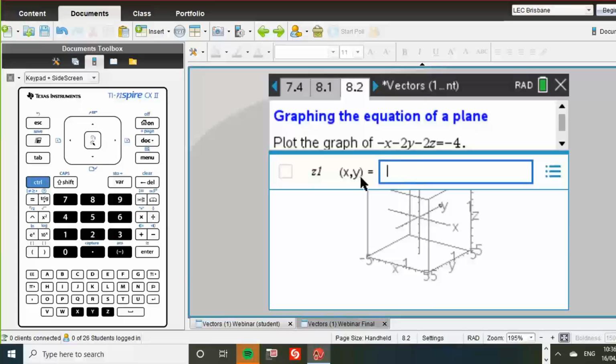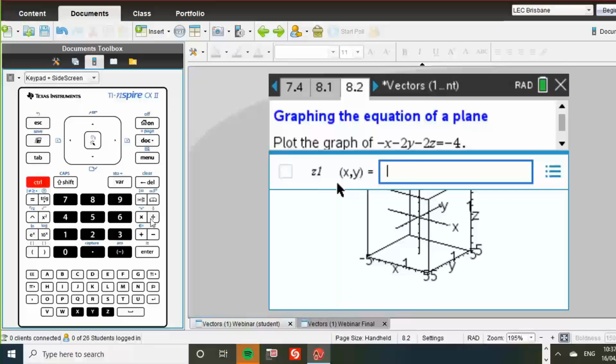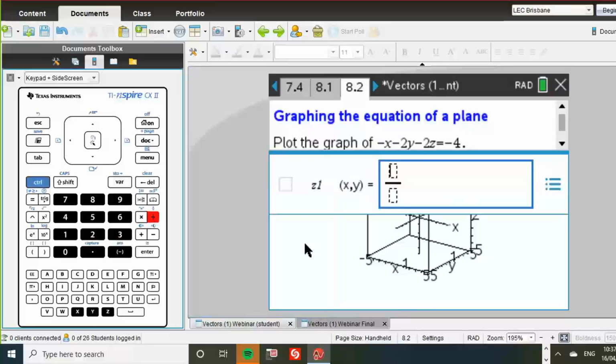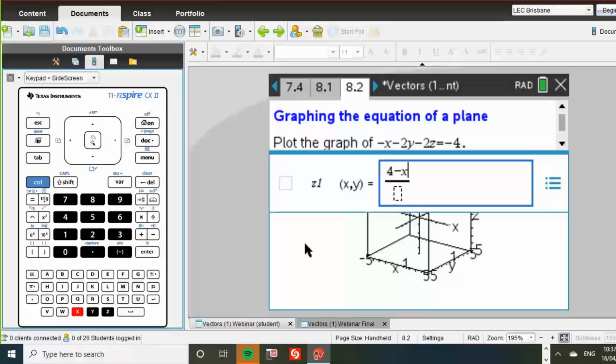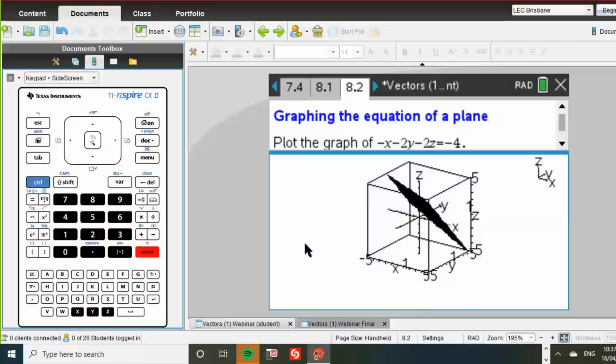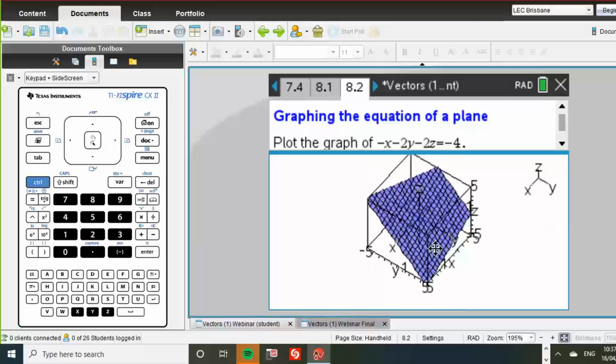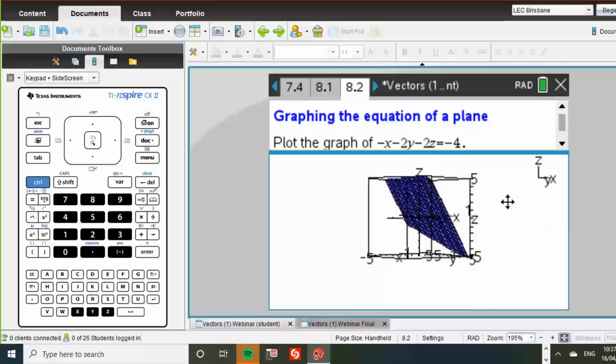By setting up a fraction, Control divided by, we can say that z is equal to 4 minus x minus 2y, all over 2. Press Enter, and there is our plane, and then we can rotate that around like so.